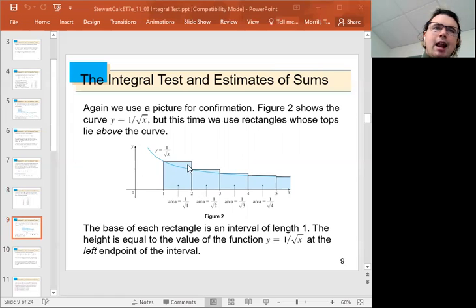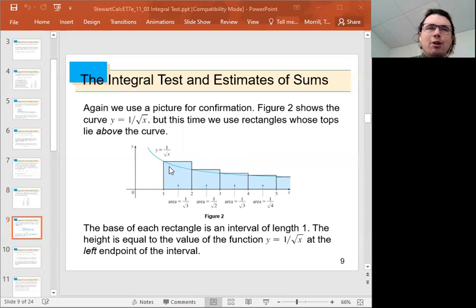And now I've done that same trick of drawing all of these rectangles where the width of each rectangle is 1. The height of each rectangle is just the value for the nth term of the series.